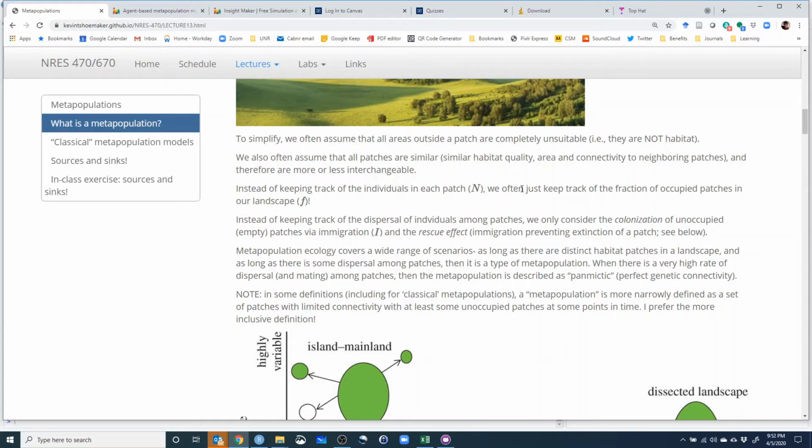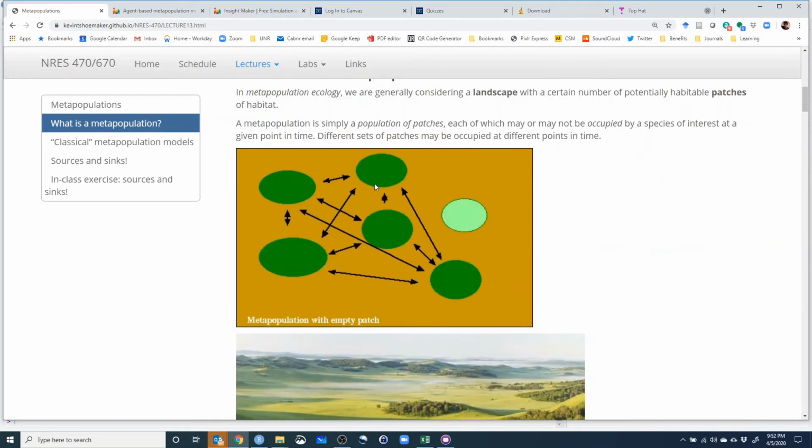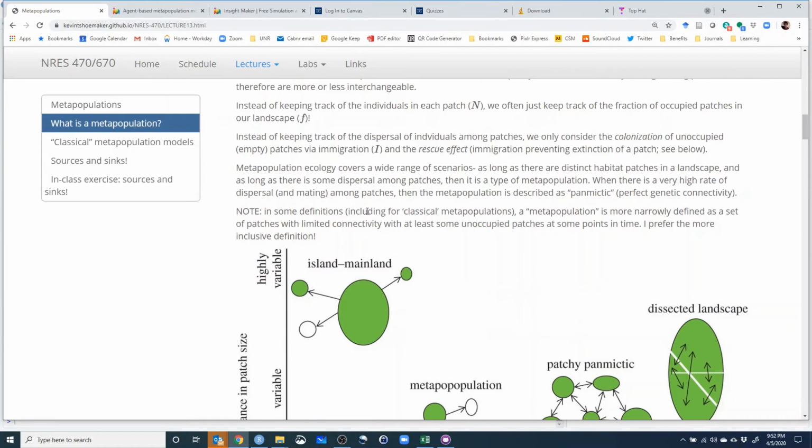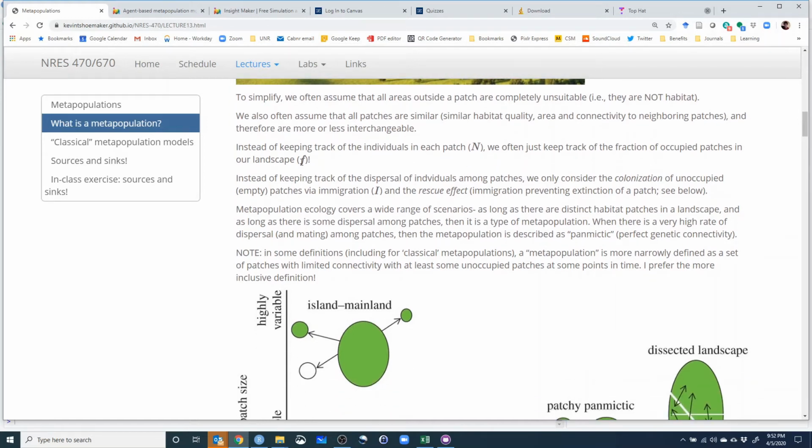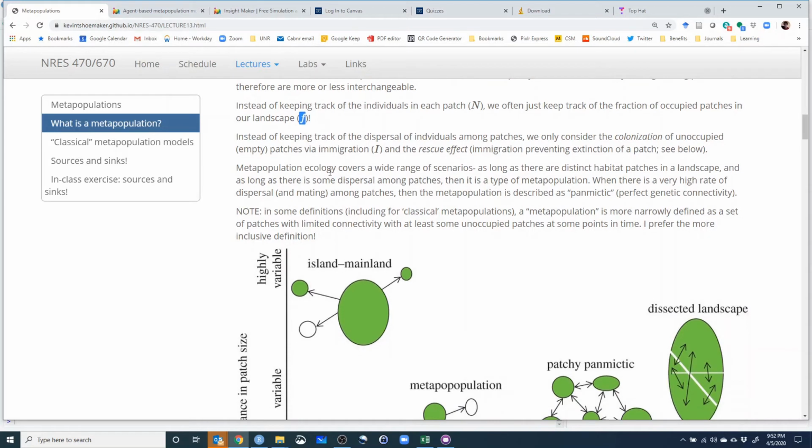And not just that, all we're really modeling here is the fraction of occupied patches in our landscape. So in this case, we have 6 patches. 5 of them are occupied, so 5 out of 6 are occupied. So the fraction of occupied patches is 5/6. And we give the fraction of occupied patches a particular name. It is F for the fraction of occupied patches.